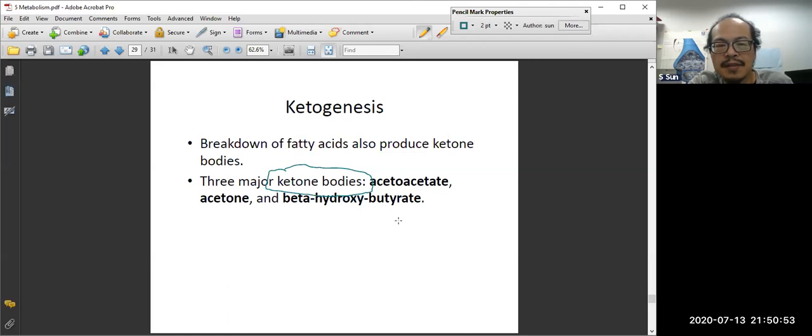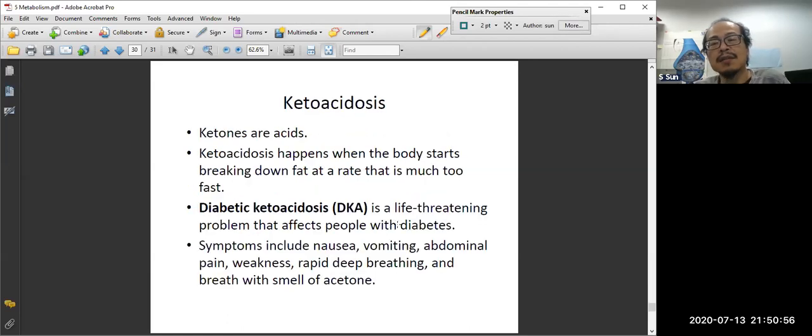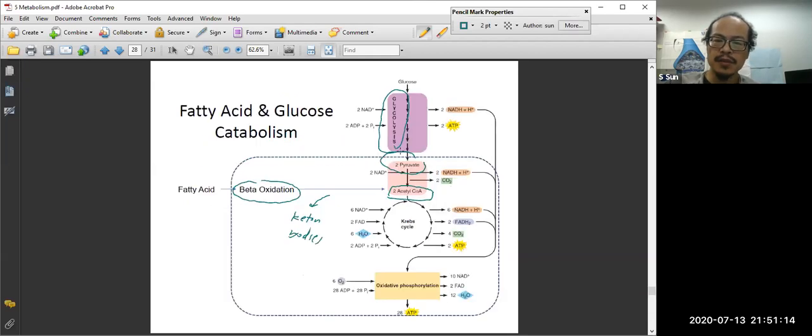And that is a disease, a condition that we may see in patients who do not use glucose as their major energy source. Because if we use glucose, we don't have these side products. We use glucose as our main source, fatty acids or triglyceride as a secondary support.